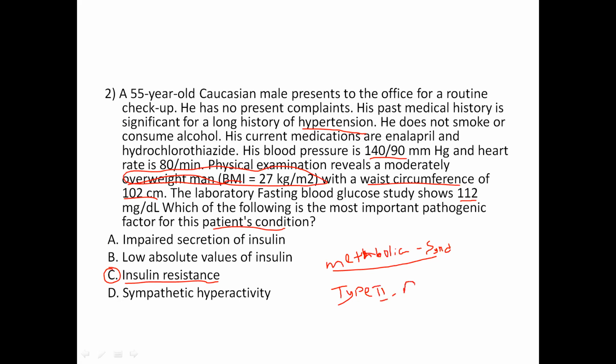Most patients with metabolic syndrome will in the future develop type 2 DM, and have a risk of developing DM as well as stroke. So this patient has insulin resistance, overweight, and overweight is a risk factor for insulin resistance in type 2 DM. Let's discuss.